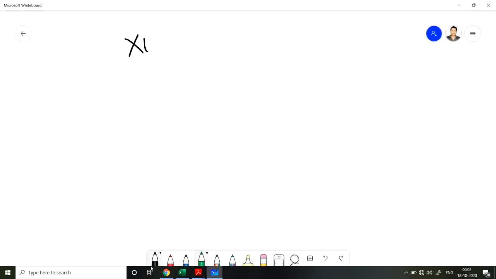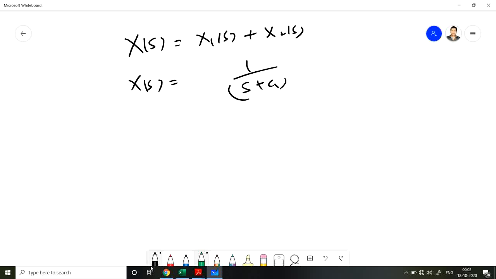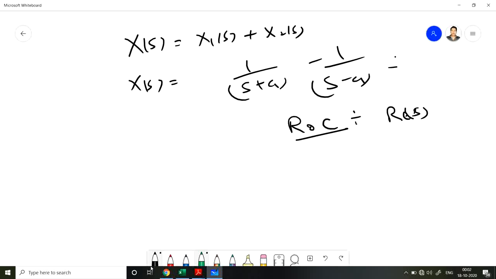So again I am summarizing. So X(s) is equal to X1(s) plus X2(s). So X(s) is equal to 1 divided by s plus a minus 1 divided by s minus a.